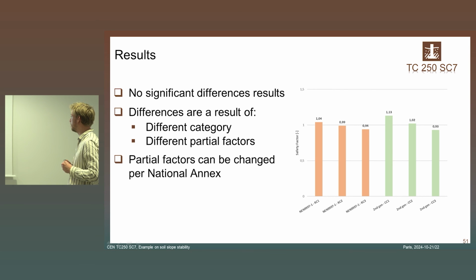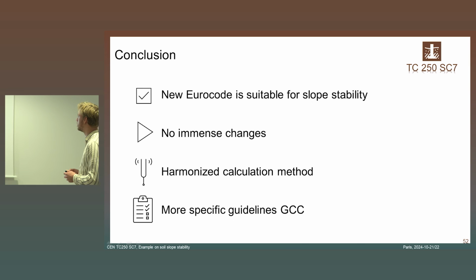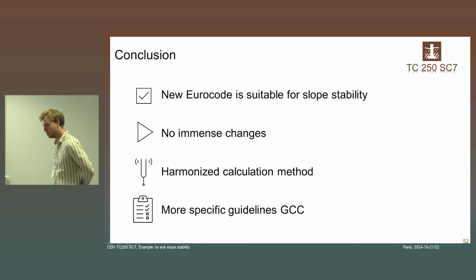And this is, I believe, also a matter of partial factors that will be nationally determined. So this is one of the difficult parts in this TGB1. You're comparing the national practice with some partial factors from Europe.